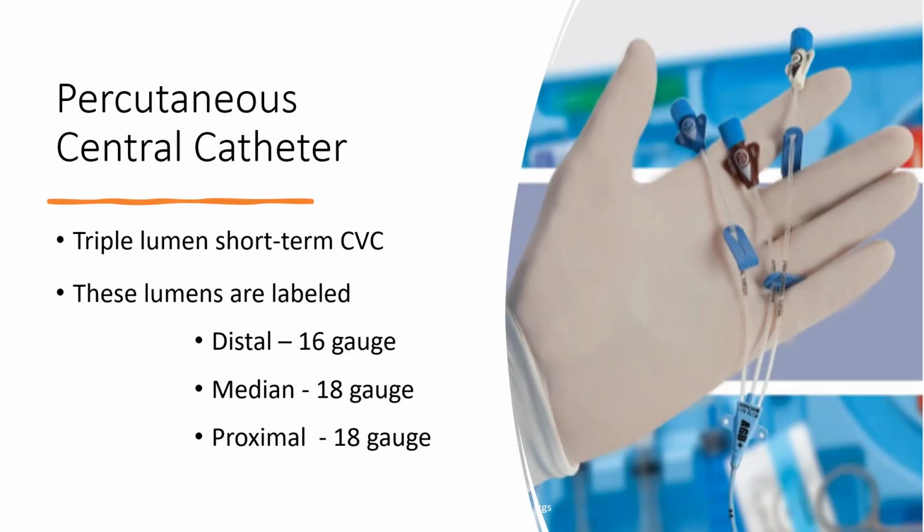So we'll briefly talk about the percutaneous central catheter that is displayed in this picture, a triple lumen short-term CVC. The lumens are clearly labeled as distal, median, and proximal to denote the three internal exit points. The distal lumen is 16 gauge, and the median and proximal lumens are 18 gauge.